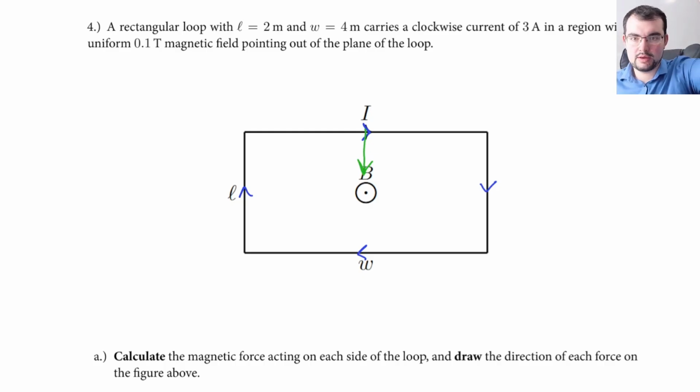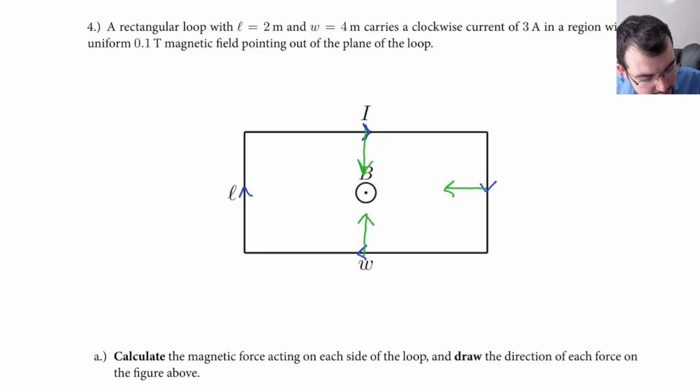Then QV cross B goes left. Then QV cross B up. And then QV cross B is to the right.